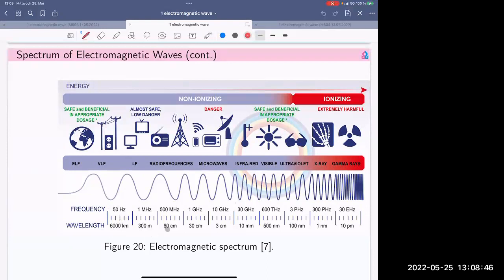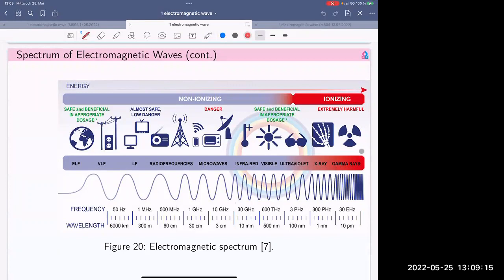Then 300 meters, 60 centimeters, 1 foot, till 3 centimeters, 10 millimeters, and the order of nanometers for visible light, 100 nanometers for ultraviolet light, and very, very short, 1 nanometer, 10 picometers for the extreme bands like X-ray and gamma rays.